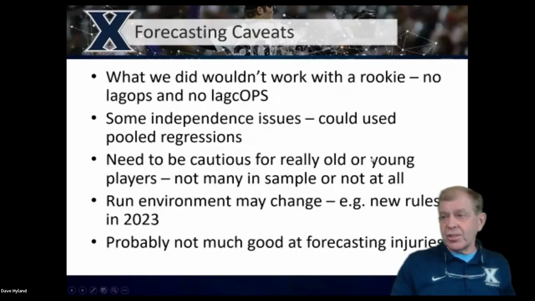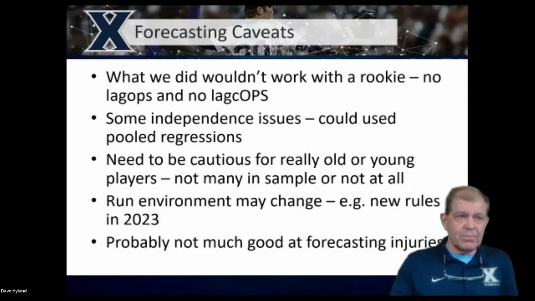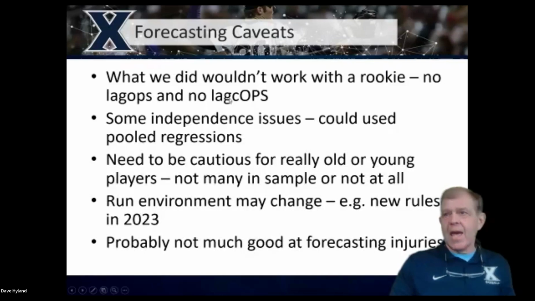We need to be cautious for really old or really young players. There are not many in the sample, or at all. Somebody who breaks into the MLB at 19 or 20 tends to be a player that does very well. But again, if we had different data, minor league data, practice type data, those are types of things we might work into our regression.